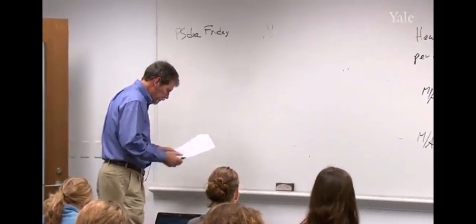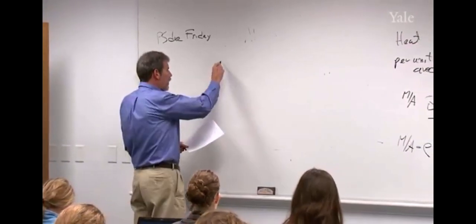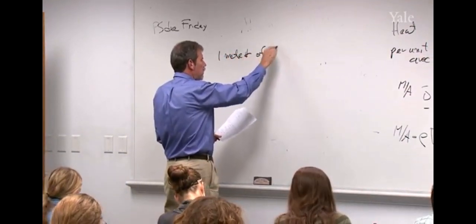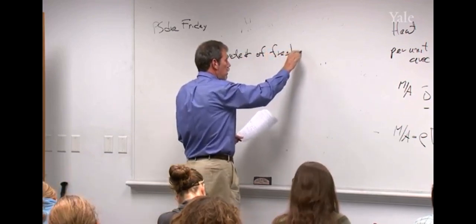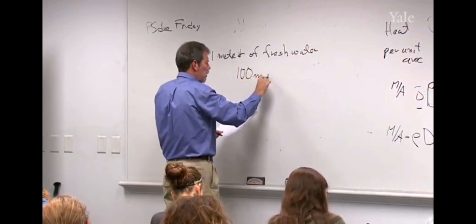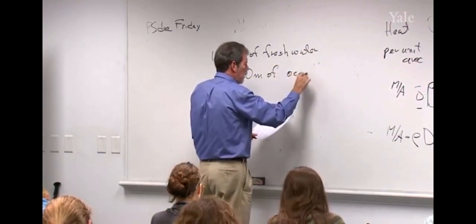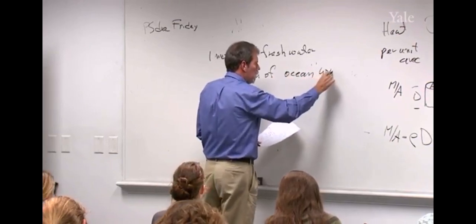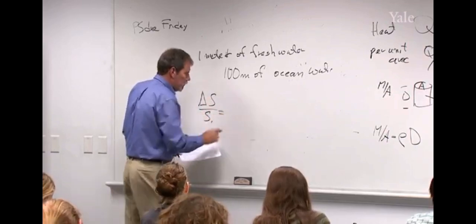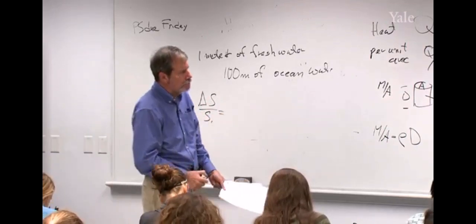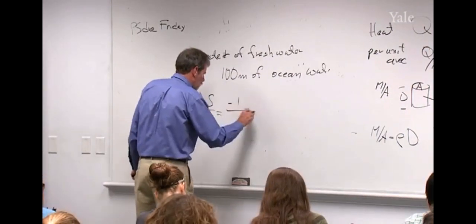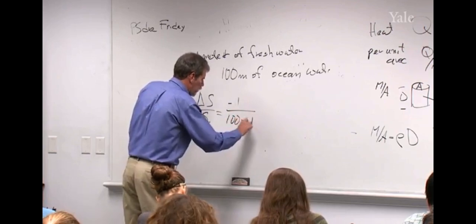My example would be adding 1 meter of fresh water to 100 meters of ocean water. How much will the salinity change? So delta S over S1 is going to be minus 1 over 100 plus 1.